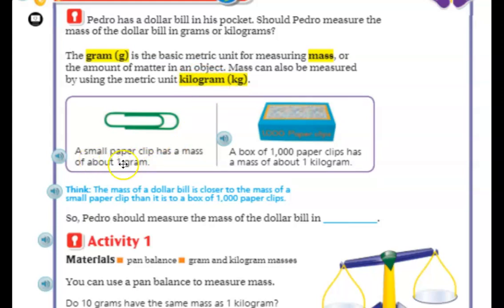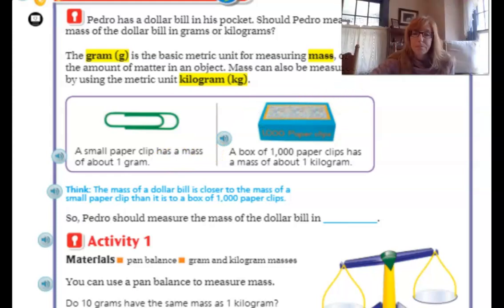If you go down to the picture here, you have a small paper clip has a mass of about 1 gram. So think about if you put a paper clip in your hand and you can barely feel it, okay? But if you go next door and you put 1,000 paper clips in your hand, you can definitely feel the weight of it.